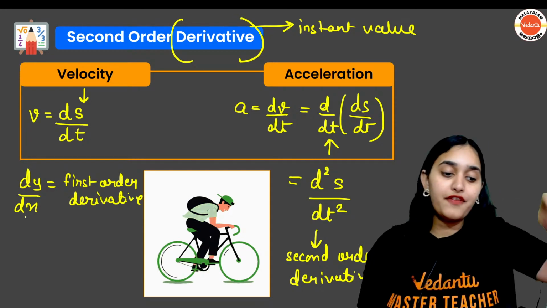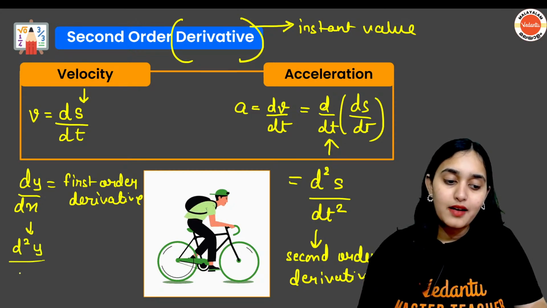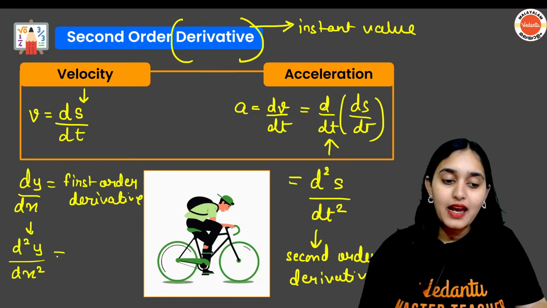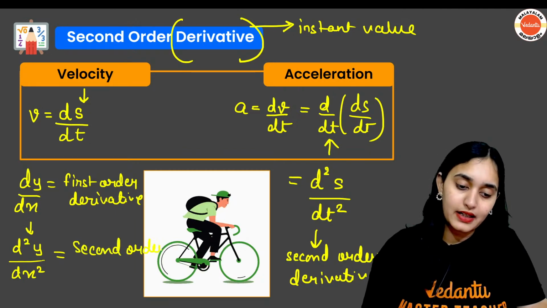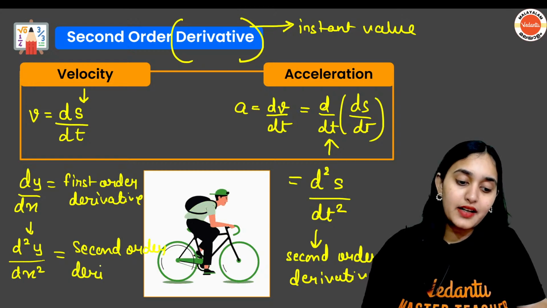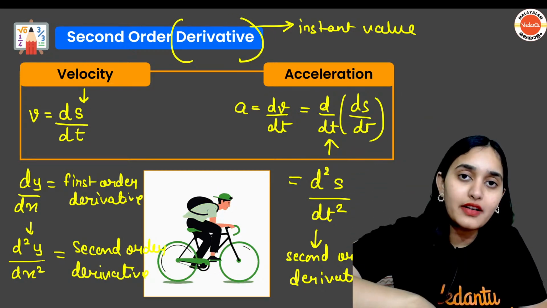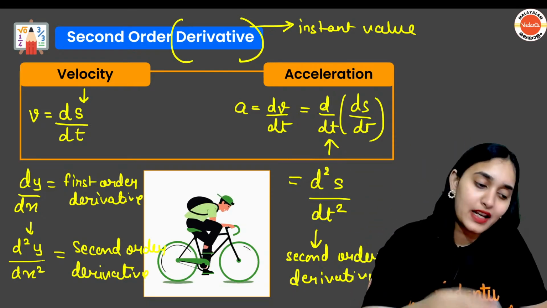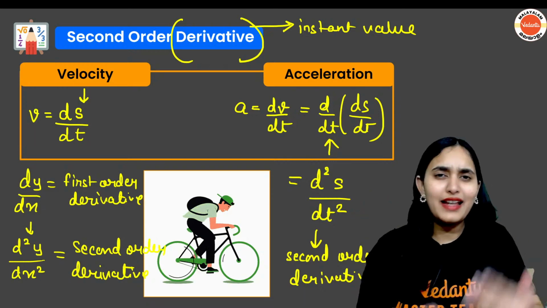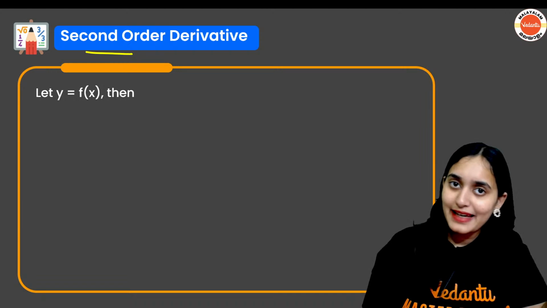Similarly, if you differentiate it again, it will become d square y by dx square, and it is basically second order derivative. Everybody clear? If you differentiate the first order derivative, you get second. If you differentiate it again, third order derivative. Again, fourth order derivative. Like that, so on. But in our syllabus, we are only going to learn about second order derivatives.